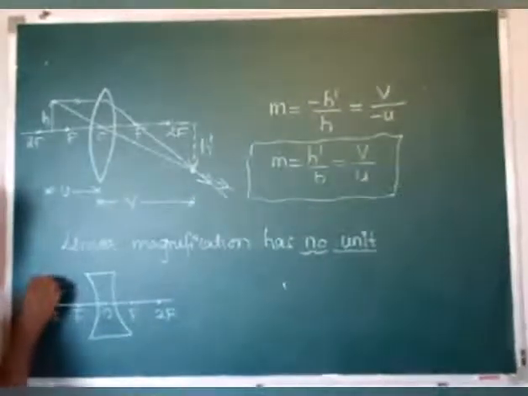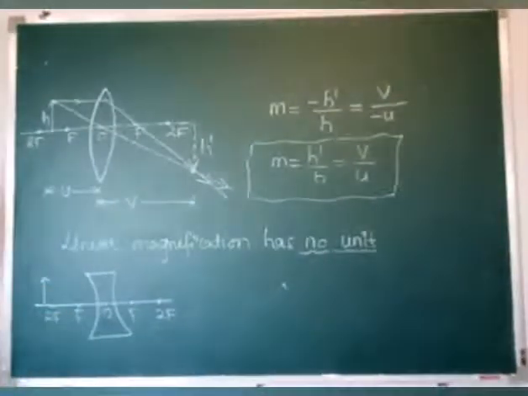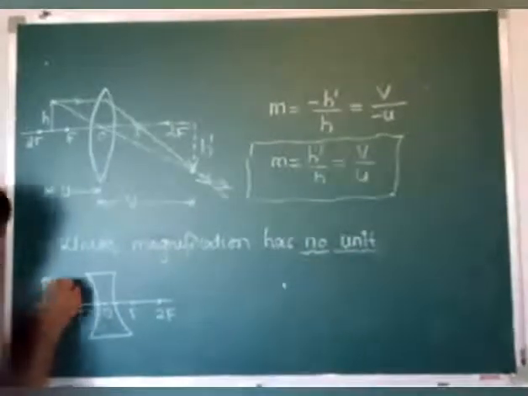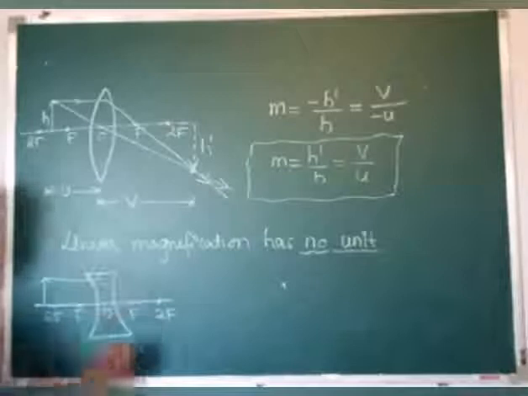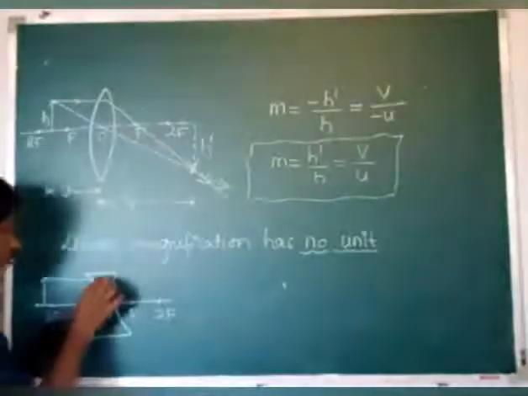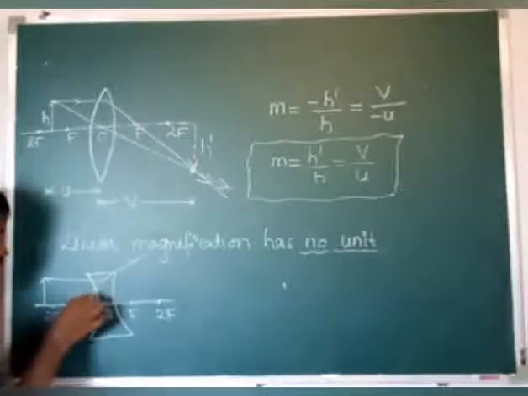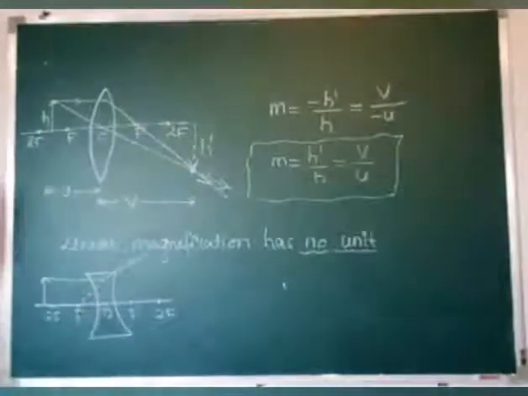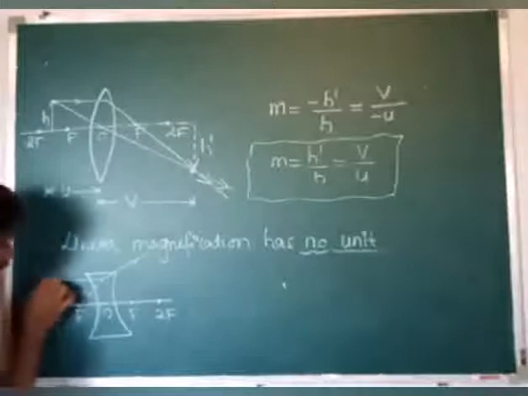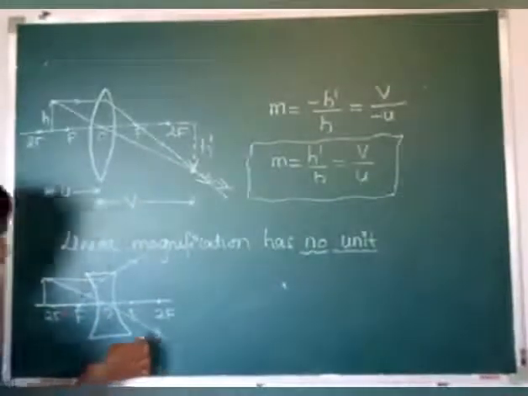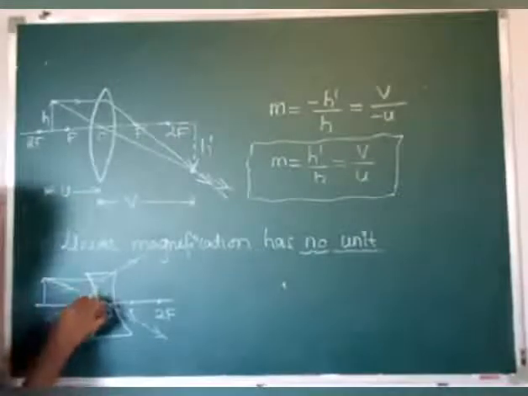Let us take the object is beyond 2f now, where its image should be formed, that is in between f and o here. First ray is parallel to the principal axis. After refraction, this refracted ray appears to have come from a point, that point is called focus. Then one more incident ray passes through the optical center, that passes without any deviation. Then here the image is formed.